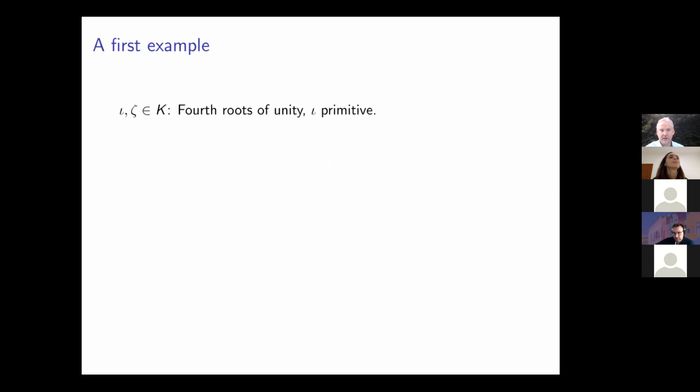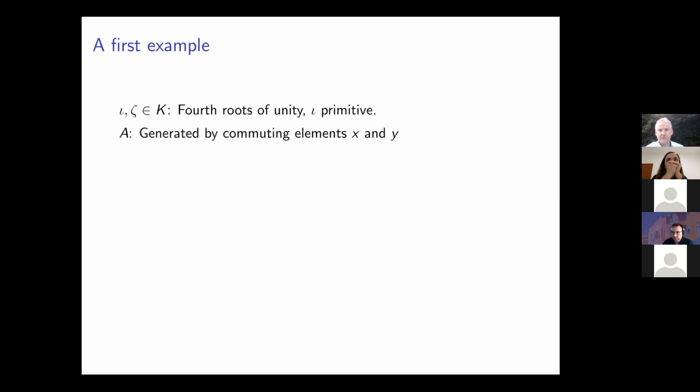So there will be two examples here, the Drinfeld Hopf algebras that I come up with. We need a fourth root of unity, where iota is required to be primitive, and iota is just my notation for i in the field. But zeta is really the decisive thing, which enters into the definition as you see here now.